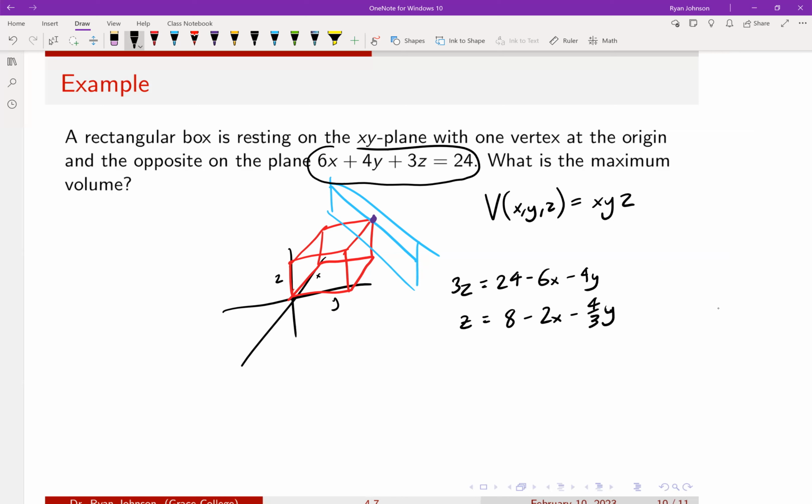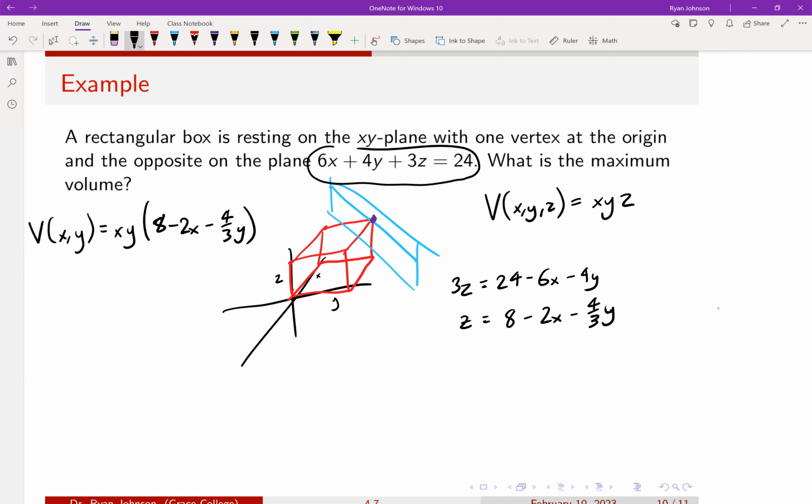Well, that means I can plug that in, and now I have a volume equation determined only by x and y: x times y times 8 minus 2x minus 4/3 y. That's the formula of the volume of this box with the constraint that its far corner is on that plane.